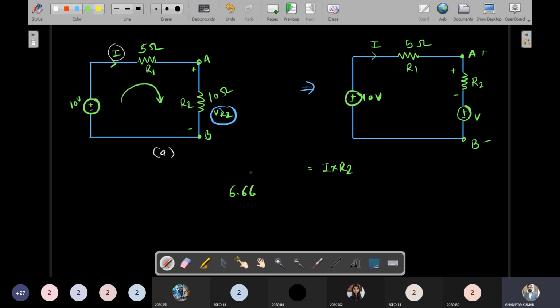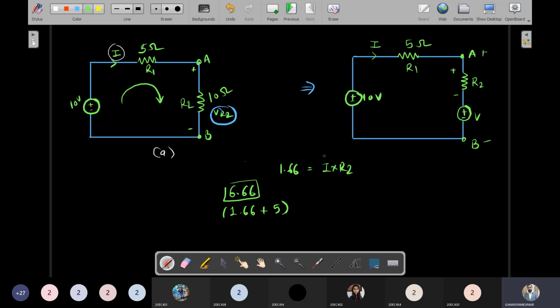Suppose I am just taking 1.66 voltage drop, and the remaining 5, I am making it like 1.66 plus 5. I'm making a combination of this one. So 1.66 equal to I cross R2.